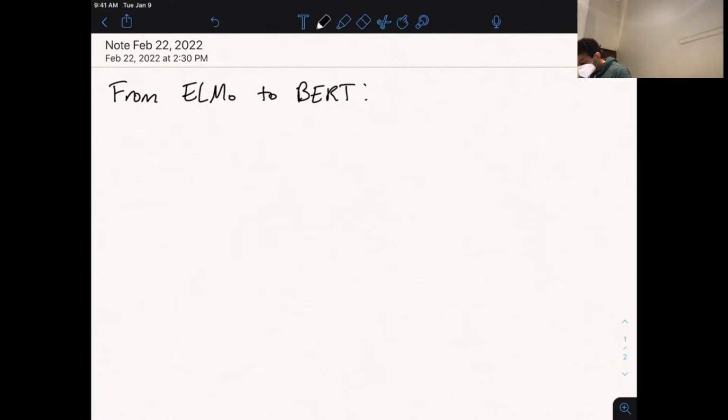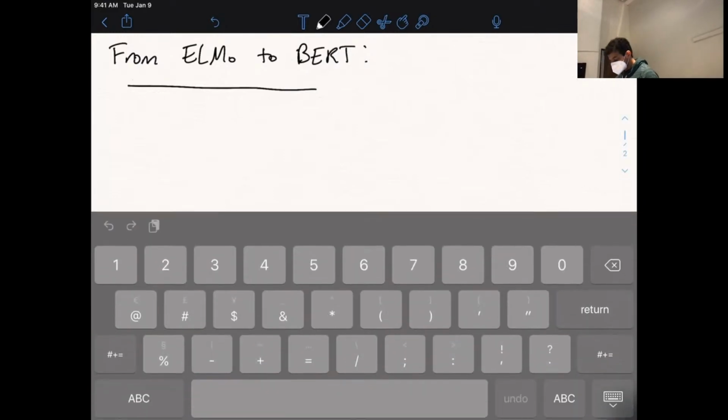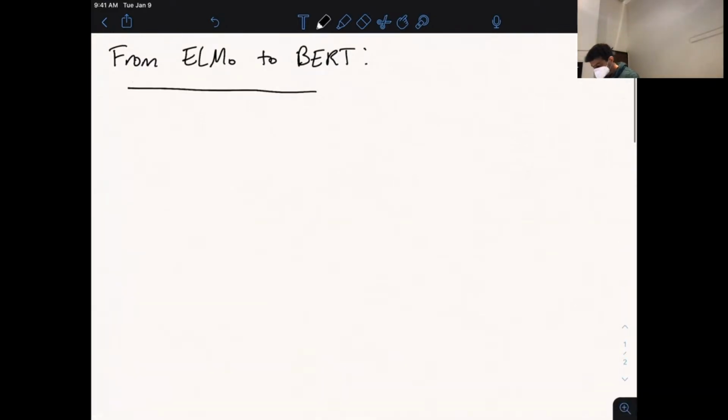All right. So I wanted to start by continuing where we left off with the ELMo approach. I wanted to fully specify it and then point out some limitations which will segue into our description of the BERT model. Okay.